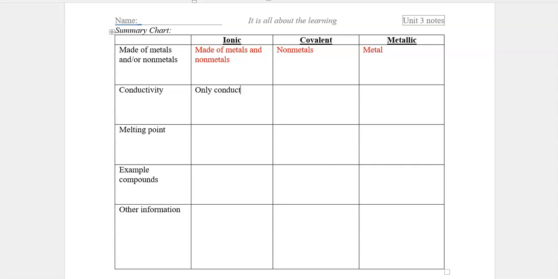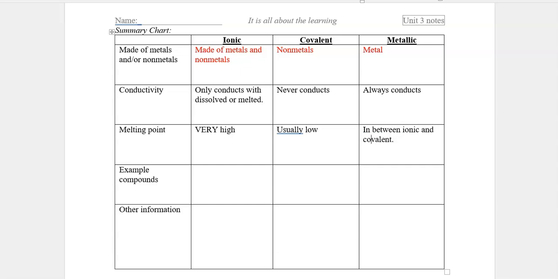Ionic only conducts when dissolved or melted. Covalent never conducts, at least almost never, and metallic always conducts. Ionic have very high melting points. Covalent are usually low, and metallic is in between ionic and covalent.